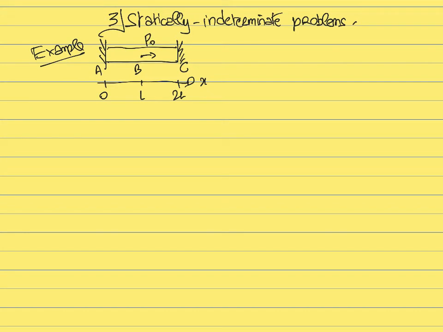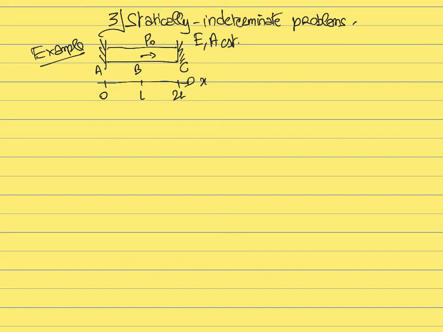And we are going to consider that both the Young's modulus and the area of the cross-section are constant. So they do not depend on x. They are homogeneous. They are constant as a function of x. They do not vary over the length of the beam.